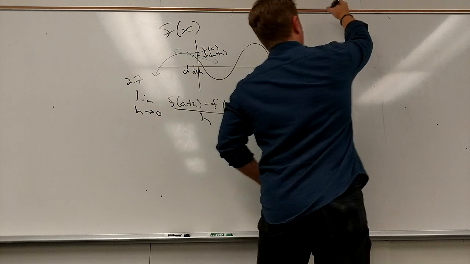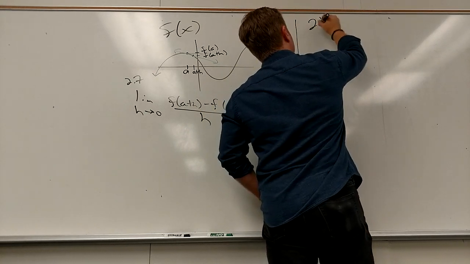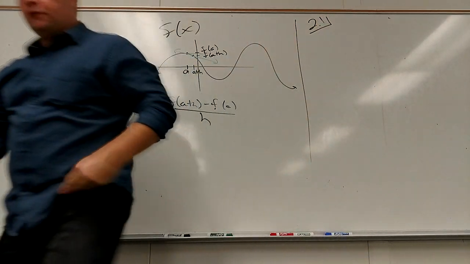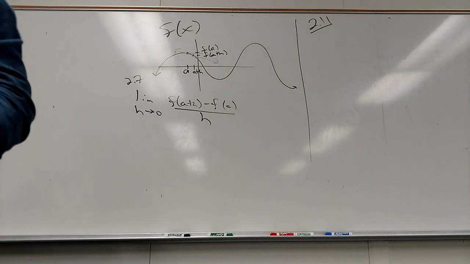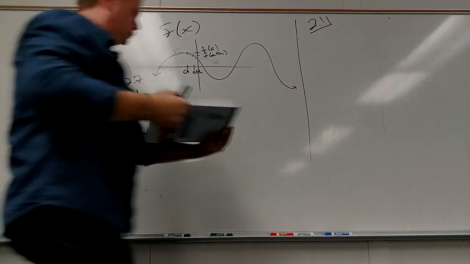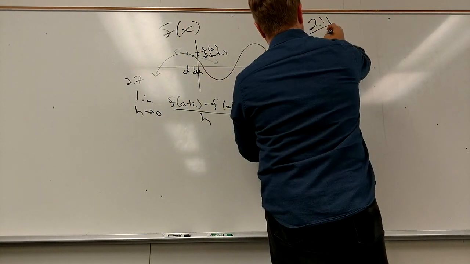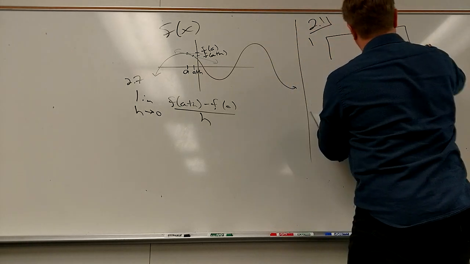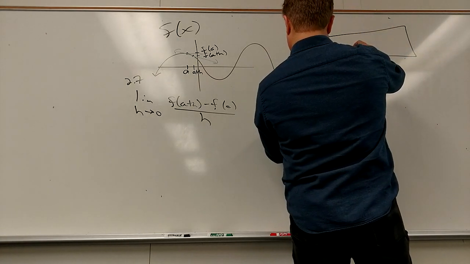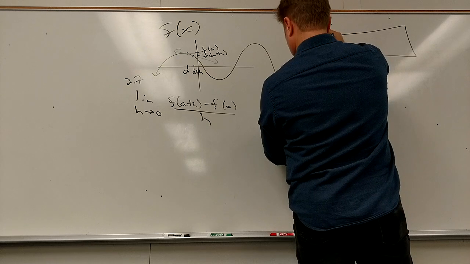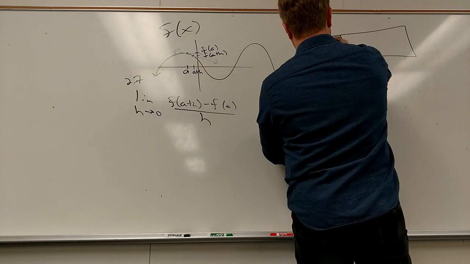Okay. So what 2.1 does is this. I actually have something I'm going to show you that's kind of cool, but problem number 1 in 2.1 has this table. So this is time and this is volume.